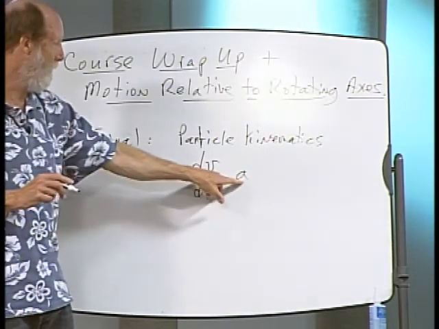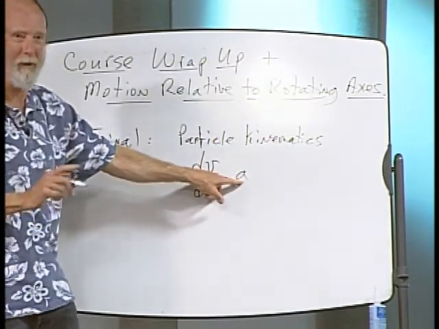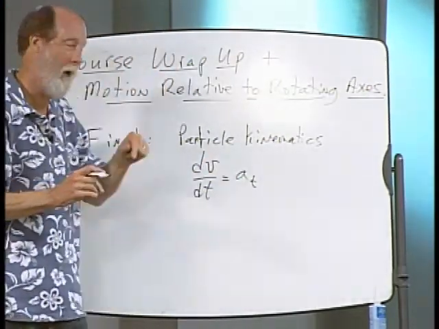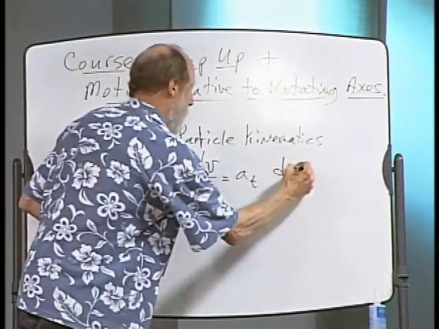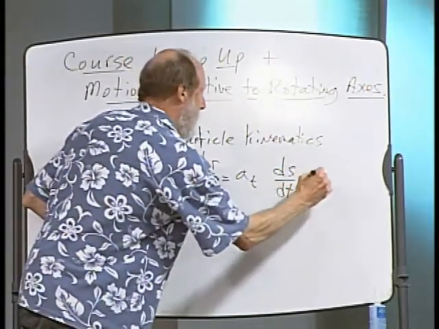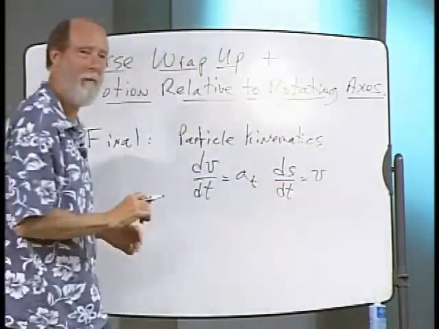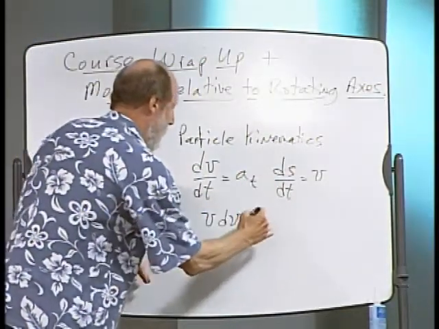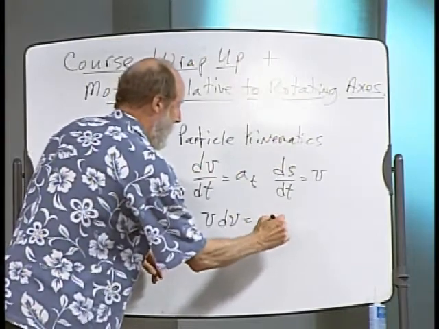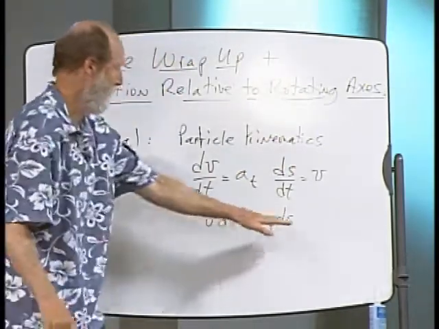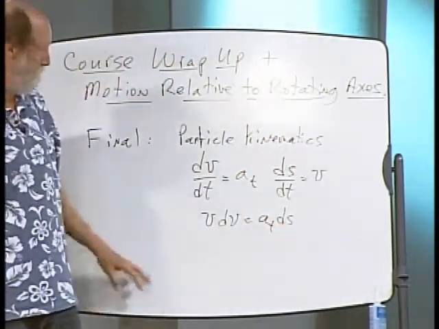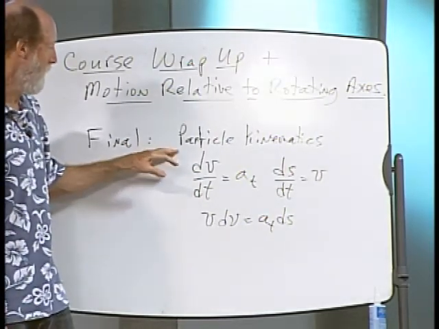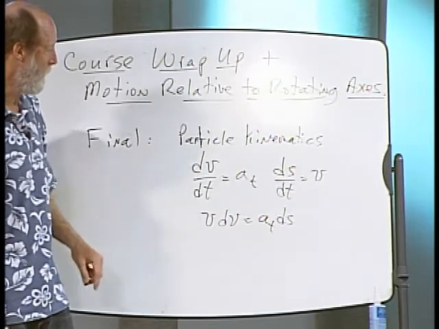And so that means this is tangential, even if it's on a curved path. And then also, of course, ds/dt being equal to v, and v dv = a ds, once you eliminate, as we've said before, the time parameter, you end up with this differential equation. So particle kinematics, pretty important stuff, and those problems can be pretty interesting.